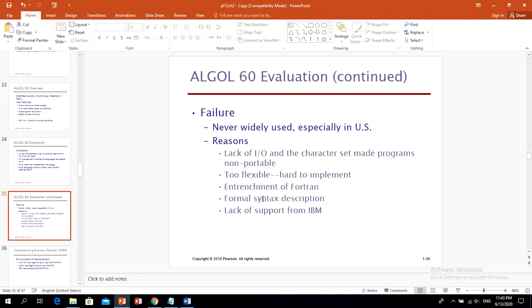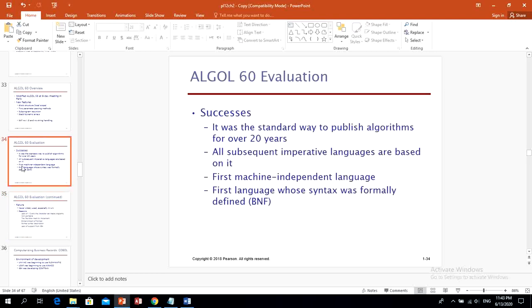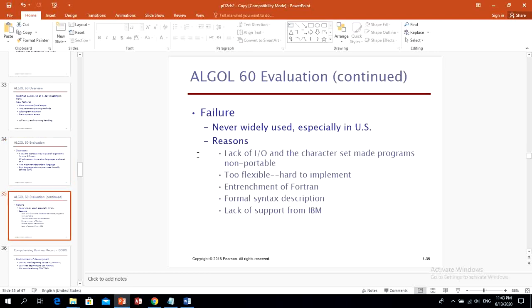So if IBM does not support a language, that definitely means the failure of this language. I wouldn't say it's a failure, because we said it had success as well, but it was not widely implemented as expected at that time.